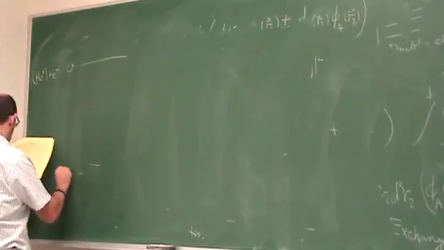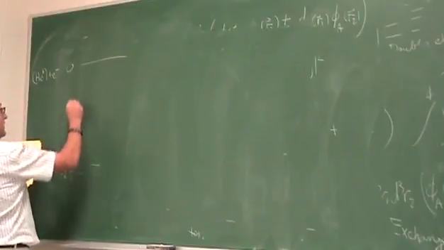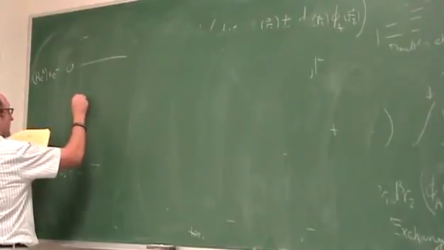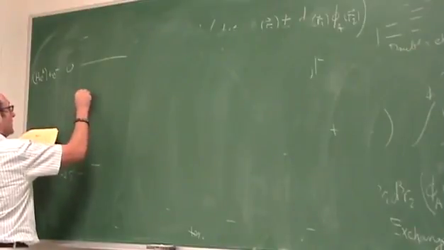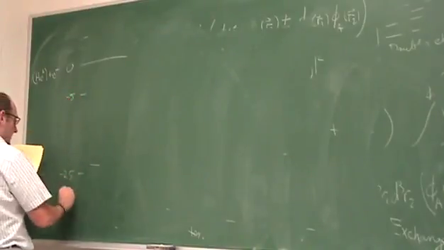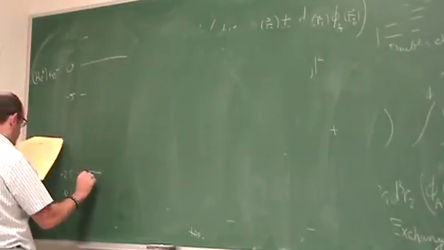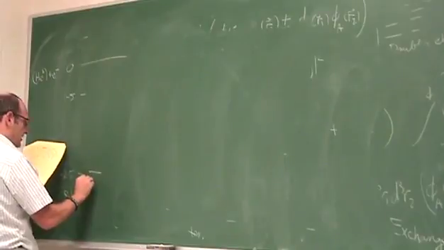So here's minus 25 eV. Here's minus 5. This is in electron volts. So here's the ground state.